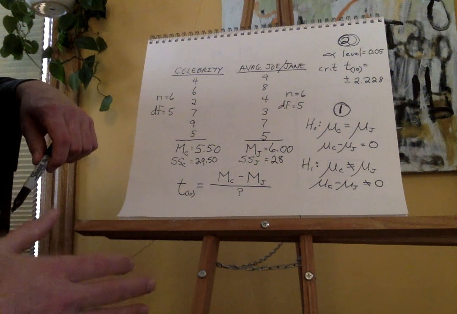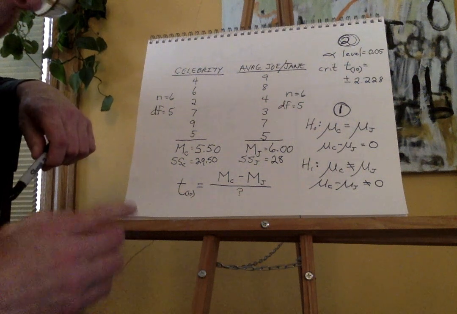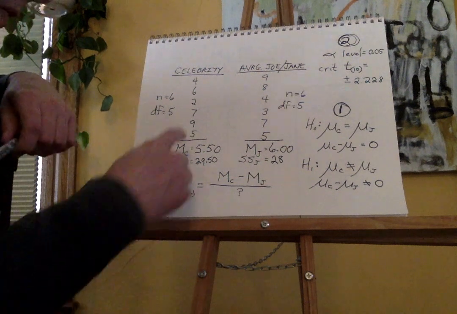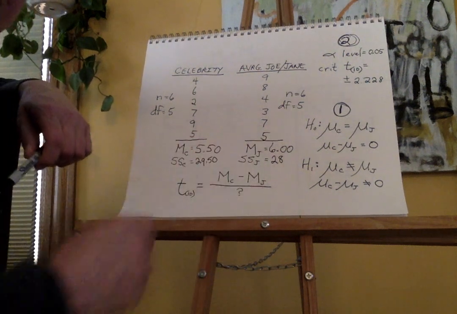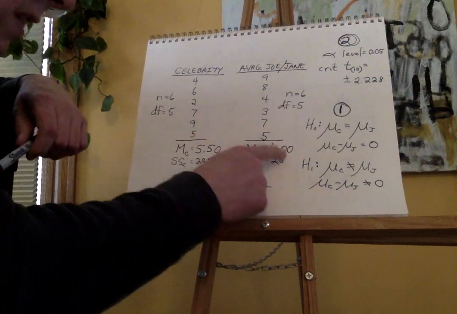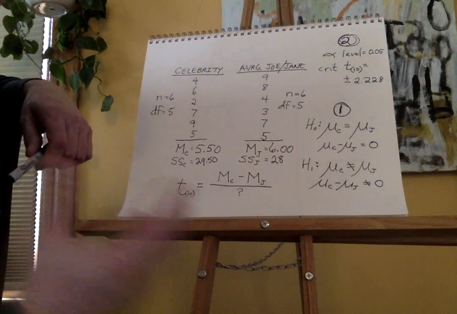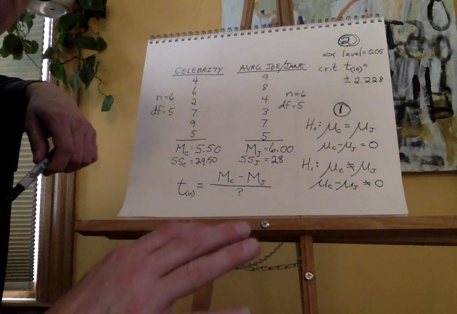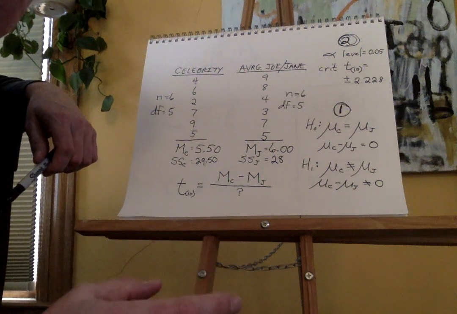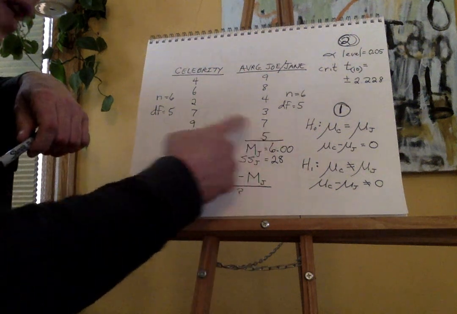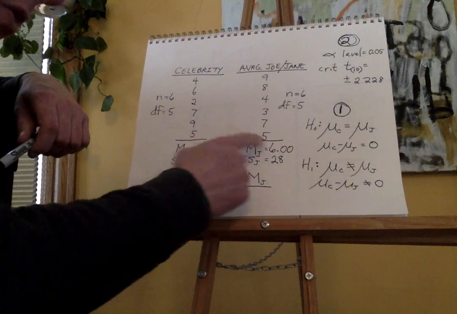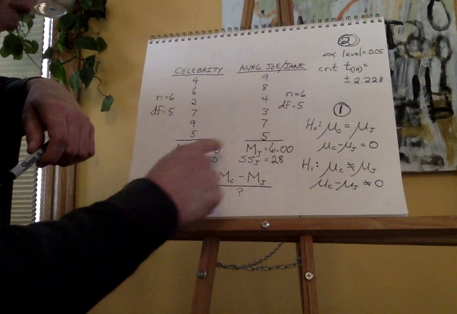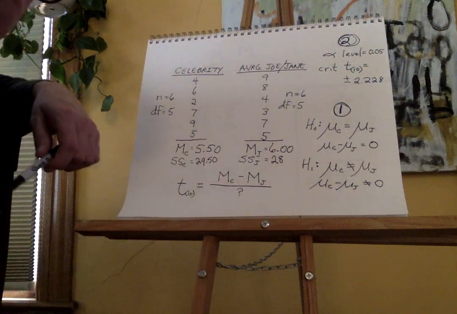What we're going to assume is, if there's no treatment, that is, if there's no difference, then we would expect both of these variabilities to give us some kind of a guess for the underlying single population. Let me say that again. If there's no treatment effect, if there's no difference, then they both came from the same population, so we're going to be able to use both of these to make a guess for sigma.